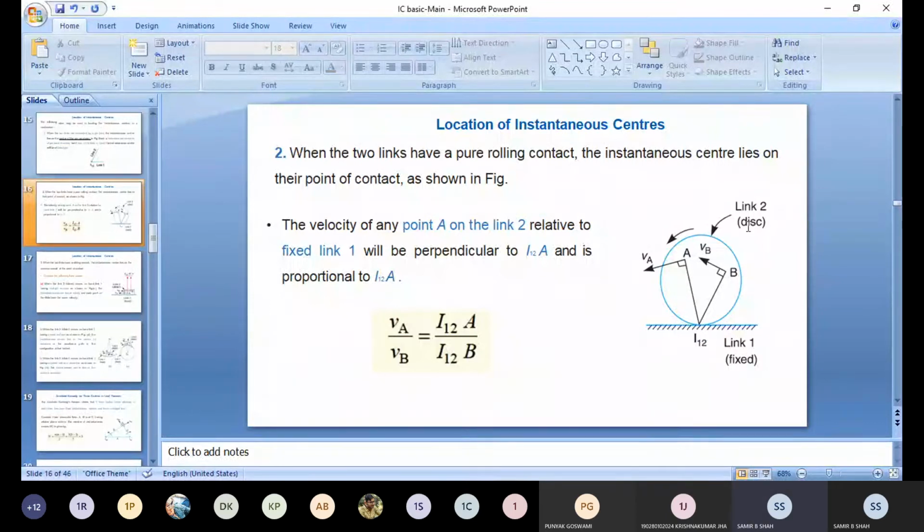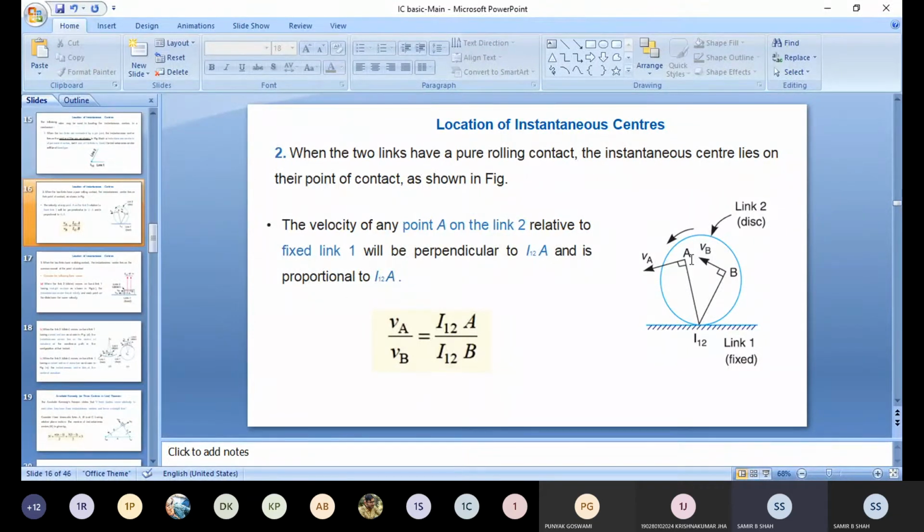And if we want to find the velocity of point A on link 2 relative to fixed link 1, then we have to draw the perpendicular line, either from A or from B. Suppose for point A we have to find the velocity, then we draw the perpendicular line from point A. If you want to find the velocity of point B, then we draw the perpendicular line from point B. So VA by VB is equal to I1A divided by I1B, as we know the equation from the previous lecture.